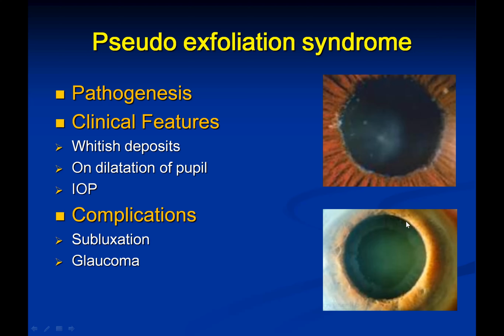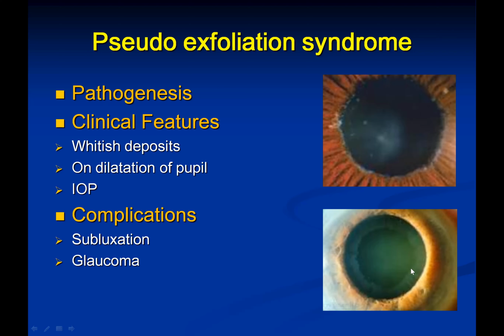With further dilatation, or with other measures like anterior segment OCT, you will see deposition of this material on the zonules of the lens, as well as in the angle of the anterior chamber, which can be seen with gonioscopy. You can see it at the trabecular meshwork as well.